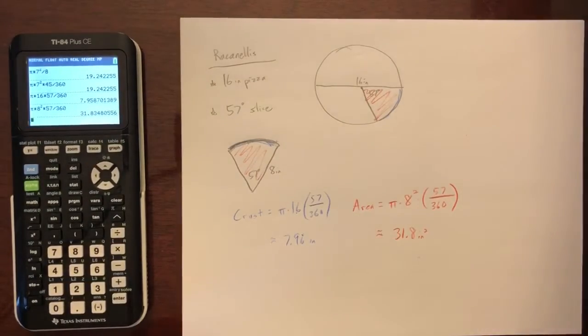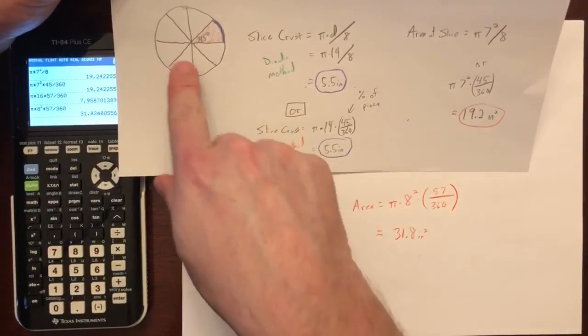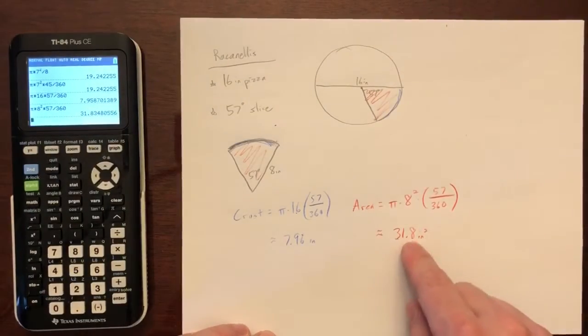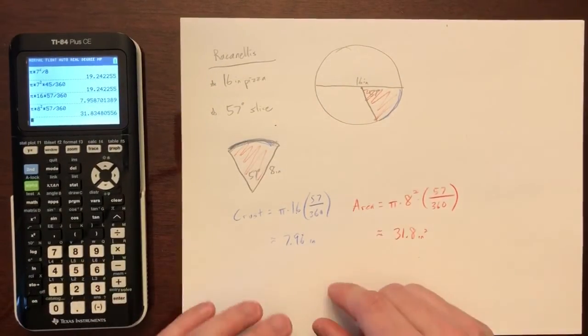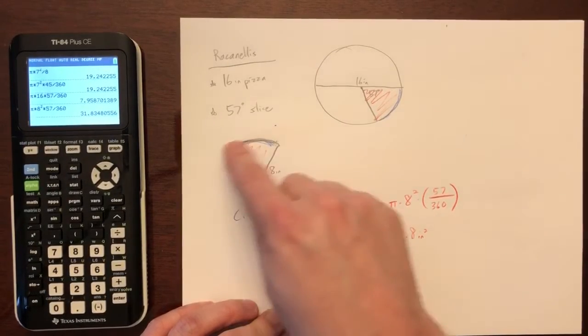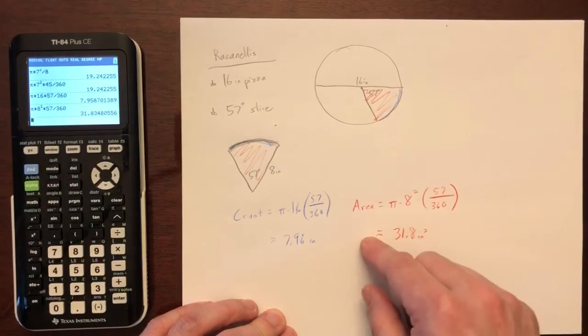Okay, once again, it's not surprising that that's a lot more than the 19.2 from the previous pizza. It was a smaller pizza and a smaller angle. This is a larger pizza and a larger angle, so we're getting more pizza and more crust. Not surprising. So this is how you can find the length of crust in a slice of pizza and the amount of pizza in a slice of pizza.